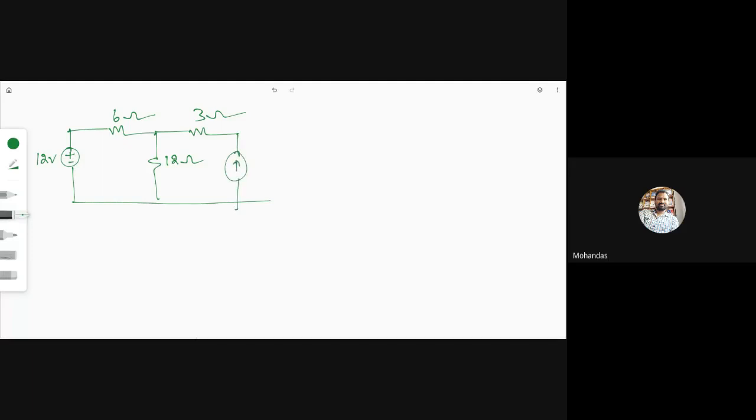What is the value of the current source? 2 amperes. A 2 ampere current source, and a 2 ohm resistor is there. So these are the terminals A and B.